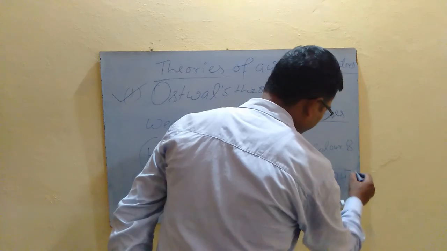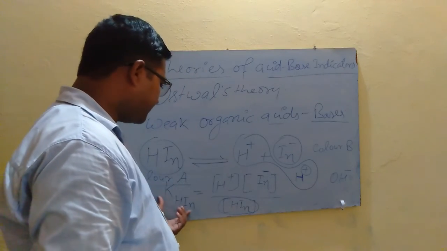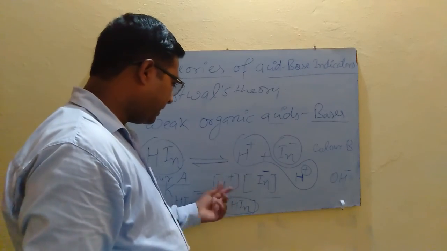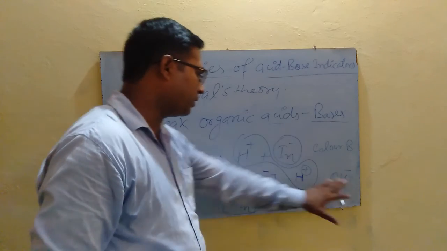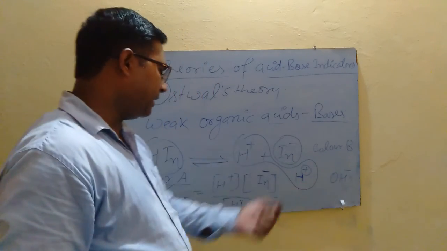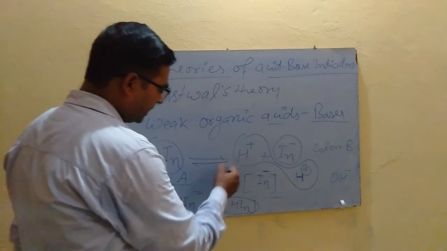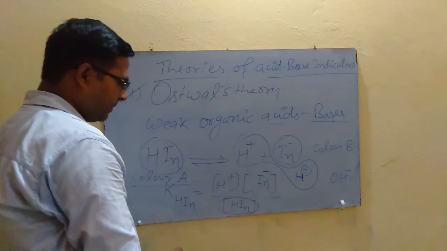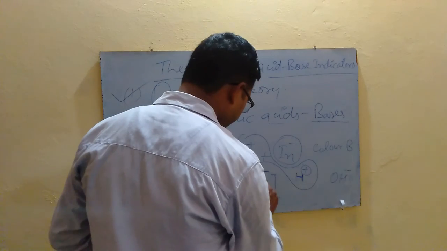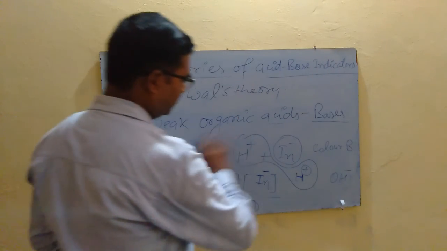And when the pH of the solution increases, or we can say when the concentration of OH minus ion in the solution is more, the H plus furnished by indicator reacts with OH minus and forms water molecule, and we know that water is a very weak electrolyte. Its dissociation is minimum, and therefore the concentration of H plus in the solution decreases, and to maintain the equilibrium the concentration of In minus increases, or we can say the equilibrium of the reaction shifts to the right side.